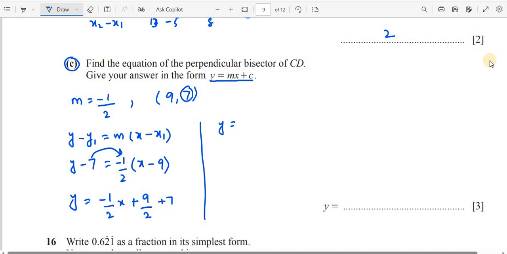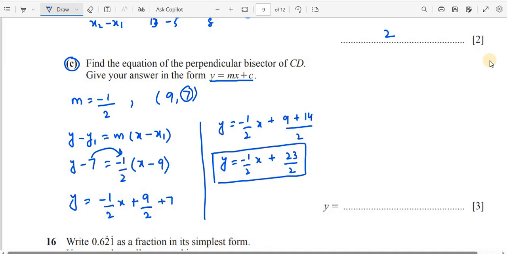So y is equal to minus 1 by 2x plus, calculating these values, 9 plus 2 sevens are 14 over 2, so y is equal to minus 1 by 2x plus 9 plus 14 is equal to 23 by 2. So the final answer is y is equal to minus 1 by 2x plus 23 by 2.